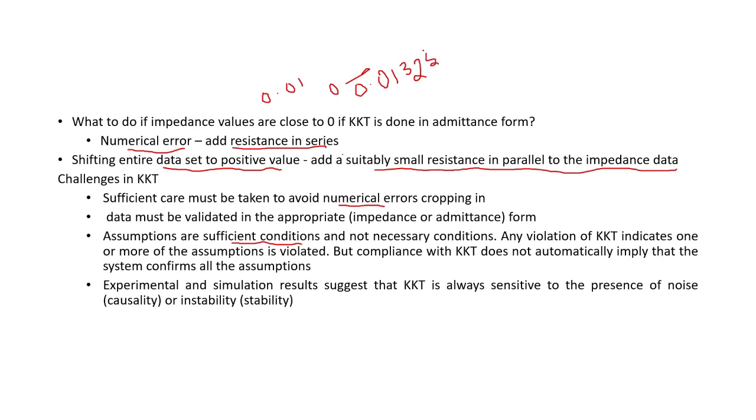Even though you will feel that the values are very close to each other, if I take the reciprocal and do it in admittance form, the values will be totally different. So that is the numerical error we are talking about.